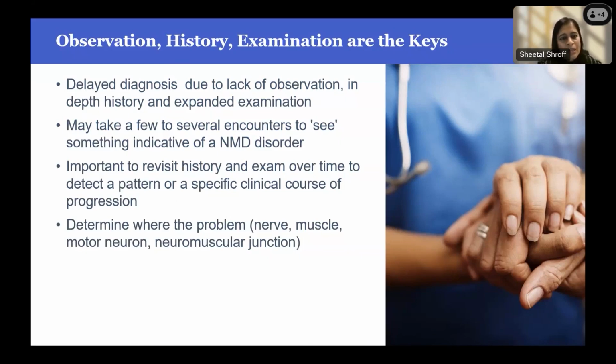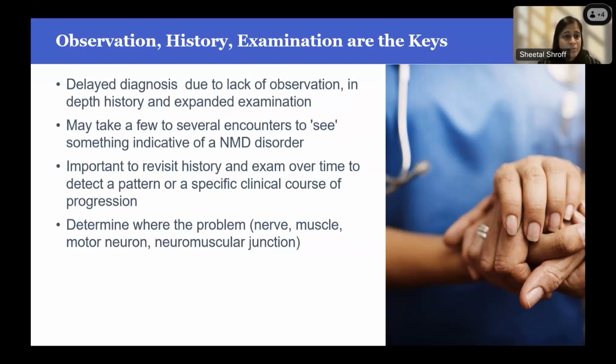And sometimes it might take a few encounters. One might not be able to come to a diagnosis of a neuromuscular disease or condition right away from the first visit. It could be just the beginning of the condition or disease, where they don't fit all the criteria and check all the boxes for the diagnosis. So it might take several encounters.